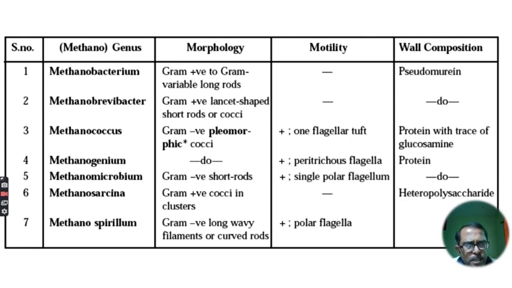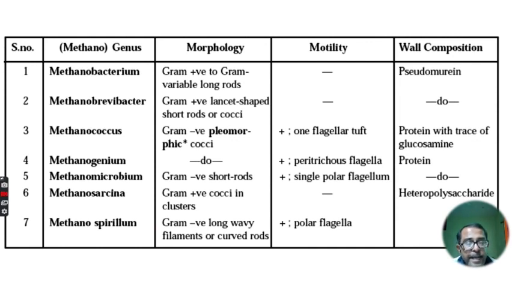Then the sixth genus is the Methanosarcina. These are gram-positive cocci which are present in clusters. Motility is not there. And the cell wall is made up of heteropolysaccharide. Then the last genus is Methanospirillum.